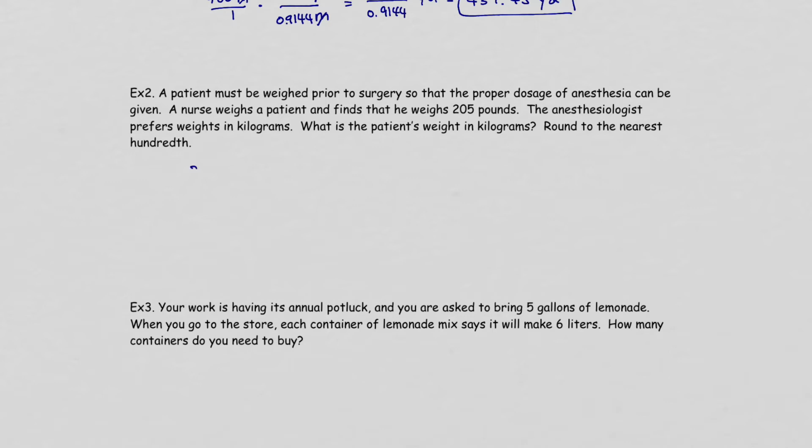You have 205 pounds and you want to convert this into kilograms. So make sure we divide by pounds, so the unit will disappear.